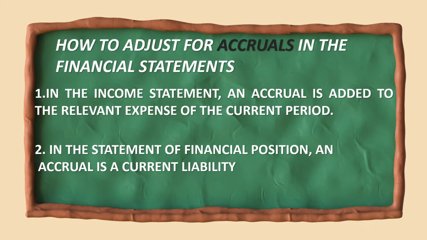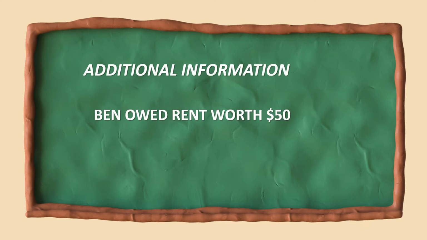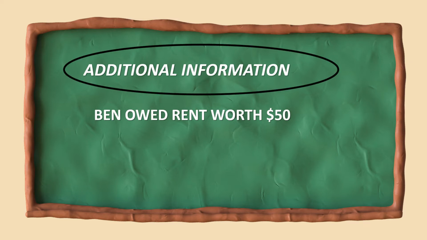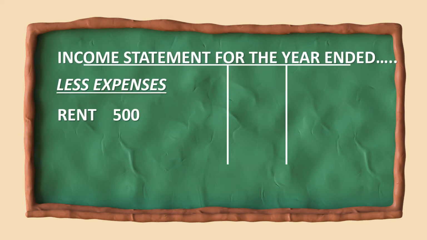Here is an example of how to make adjusting entries of accruals in the financial statements. The entry or transaction to be adjusted is found under Additional Information. Ben owed rent worth $50. In the income statement, the rent accrued, or the rent that Ben owes, is added to the rent expense for the current period.